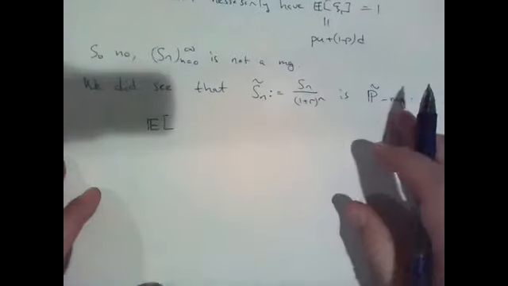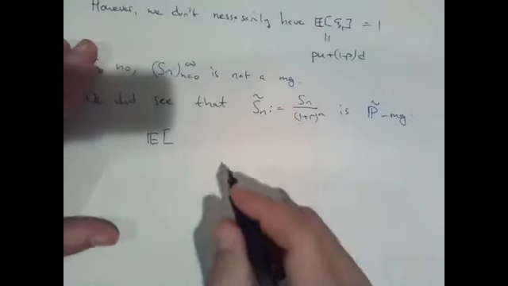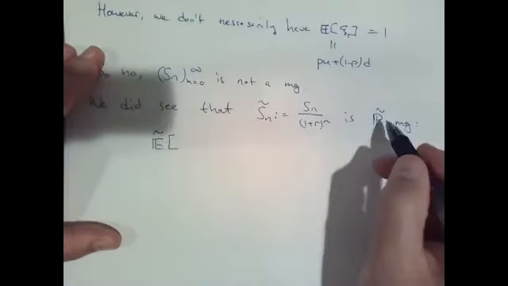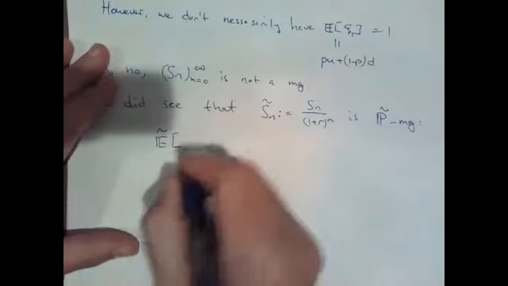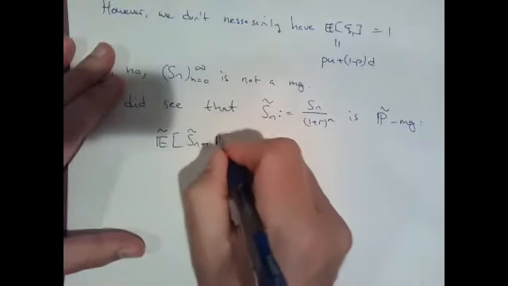So we have to do more work. We will have to compute the expectation under the measure we're looking at, and work out S tilde n plus 1 given Fn.